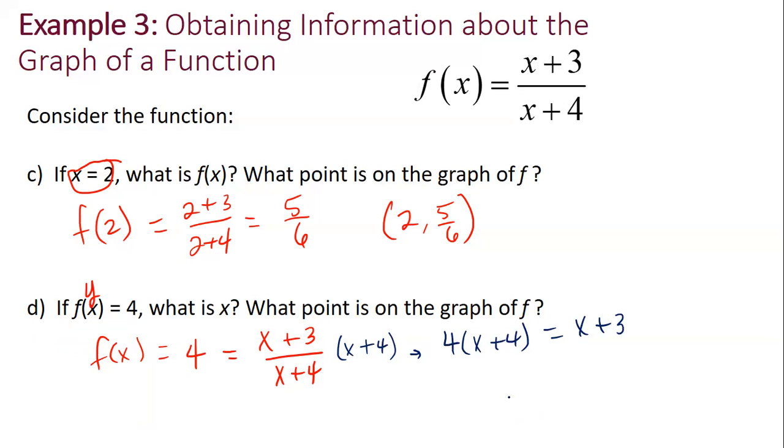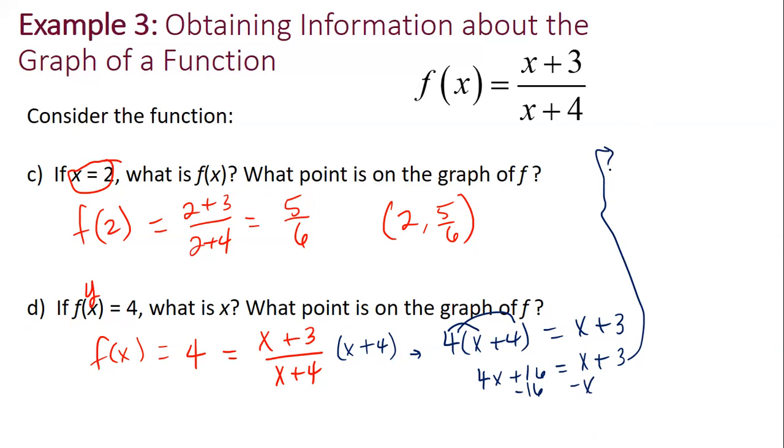What's the next thing I'm going to do? I'm going to distribute the 4. That gives me 4x plus 16 equals x plus 3. I'm going to subtract 16 and subtract x. Still with me?